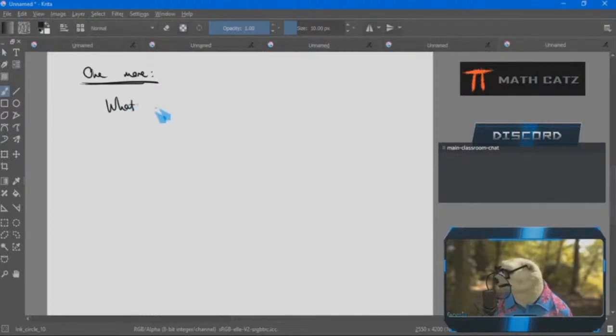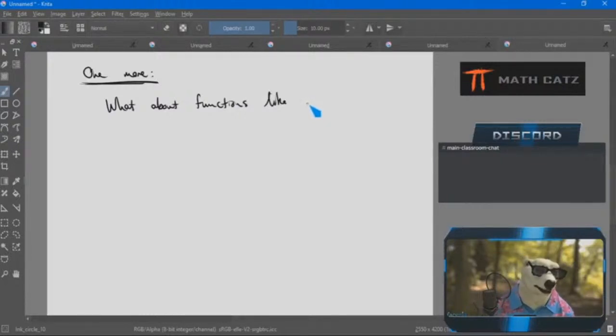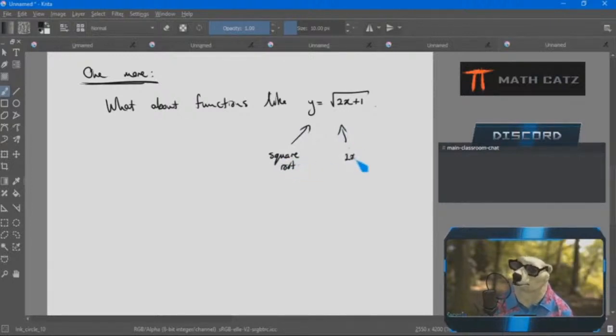When I think about functions like the following example, let's call it, I don't really know what to call it. Let's call it y. Root 2x plus 1. Now there is a square root function in here, and there's a 2x plus 1 also in there.